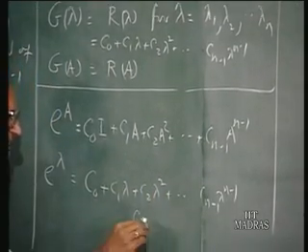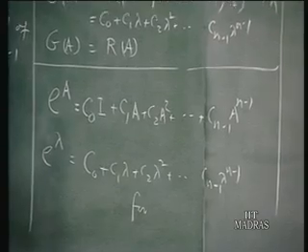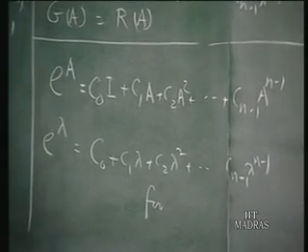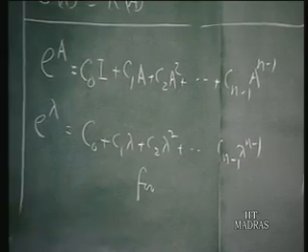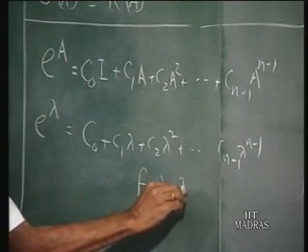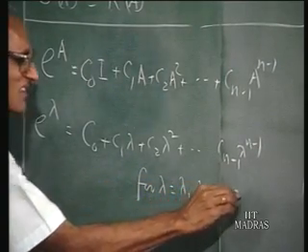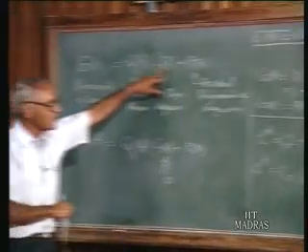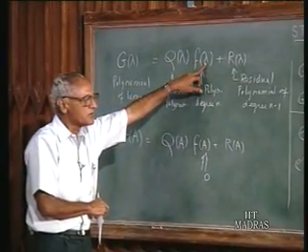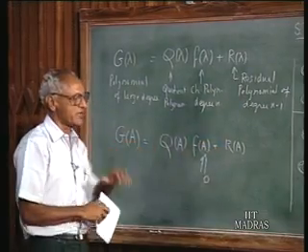This equation is valid for particular values of lambda, whereas the matrix equation is valid identically. Here this is valid only for lambda equals lambda 1, lambda 2, up to lambda n, because it is valid only when f(lambda) is 0, and that is true only when lambda assumes one of these characteristic values.